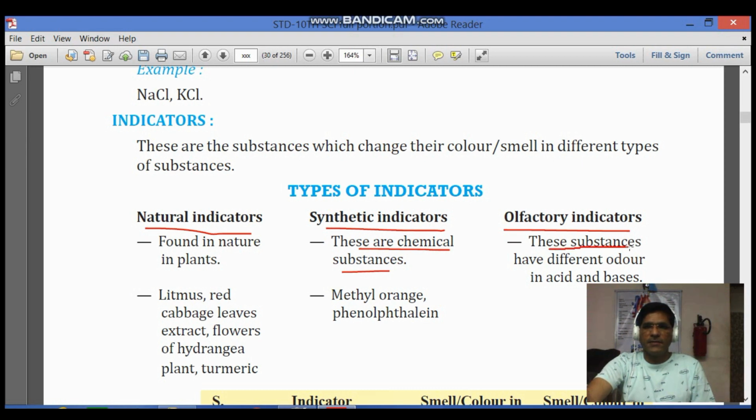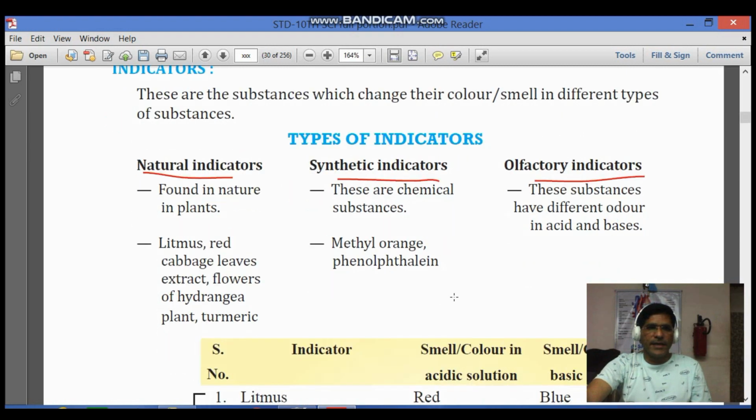Olfactory means different odors. If something good is being made in our kitchen at home, it has a good smell. In perfumes too we see different types of smell, related to acid and base. So three types: natural indicators, synthetic indicators and olfactory indicators.